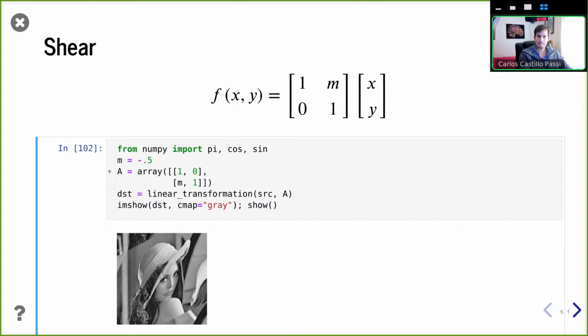So, Carlos, about your question, it seems that if you have all the information from, in this case, the picture, it's possible that the process of the transformation is reversible. Can you repeat that?